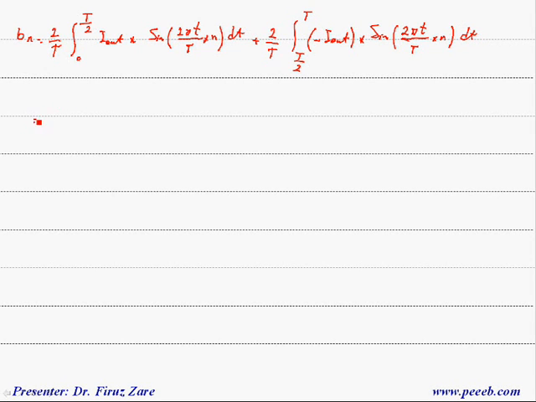So in this case we have 2 I out over T times the integral of sine, which is minus cosine, and we have to consider this factor.